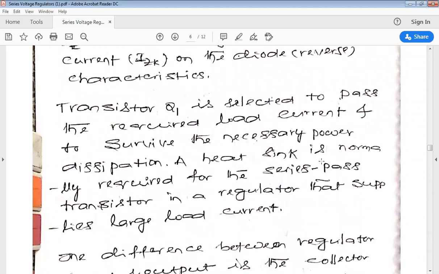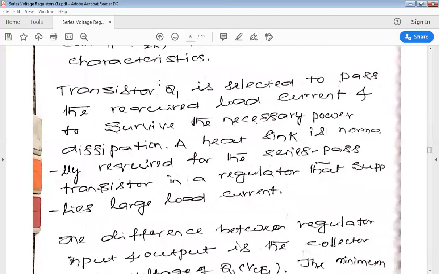One more thing is that transistor Q1 is selected to pass the required load current and to survive the necessary power dissipation. There is a voltage drop across Q1, and by including that voltage drop we consider the required load current.